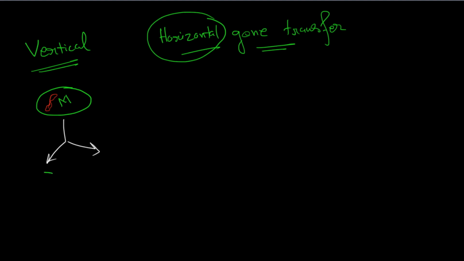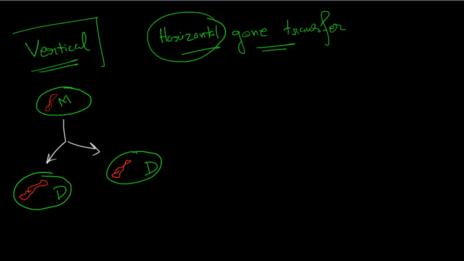So if these two are the daughter cells from that mother cell, they will contain exact copies, if there is no mutation, of that maternal DNA within their own cell. So in a way of saying, the genetic material of the maternal cell was transferred vertically to the daughter cells. This is known as vertical gene transfer.